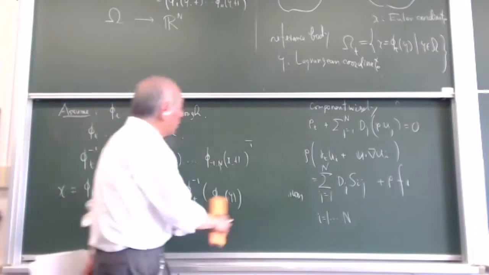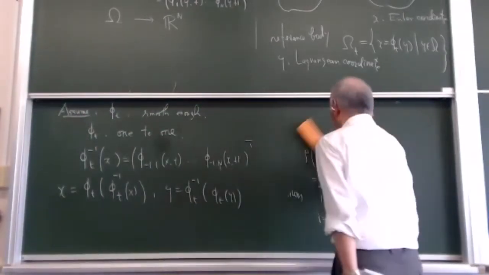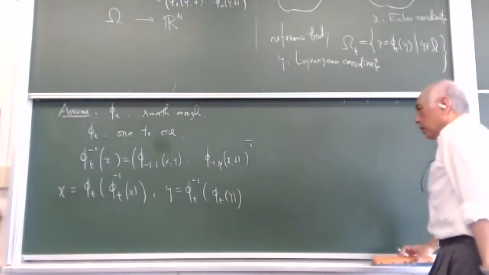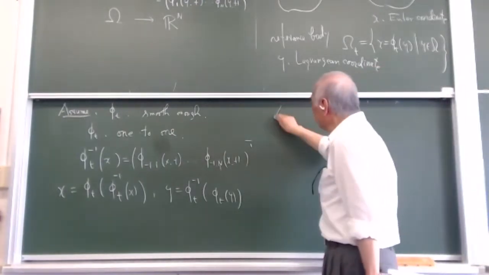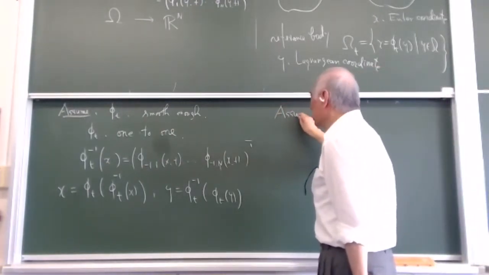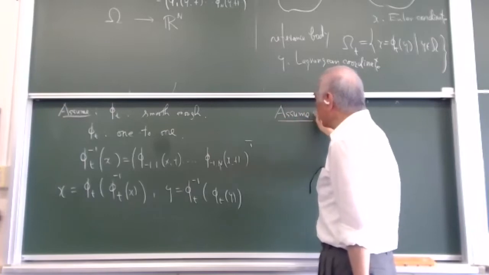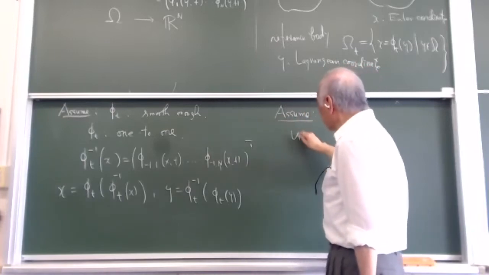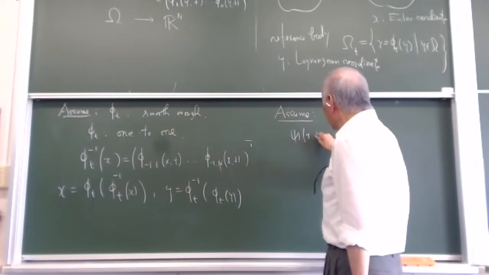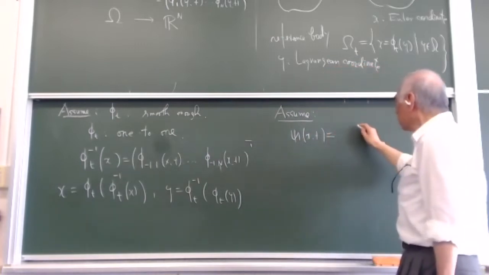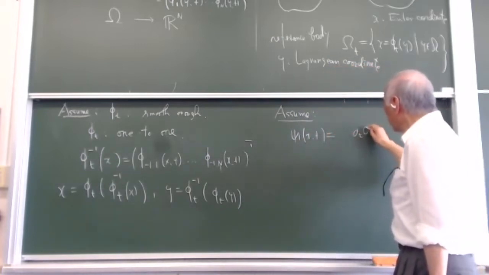And we also assume, it's not a function, but usually in this case we consider the velocity field given by d_t phi sub t.